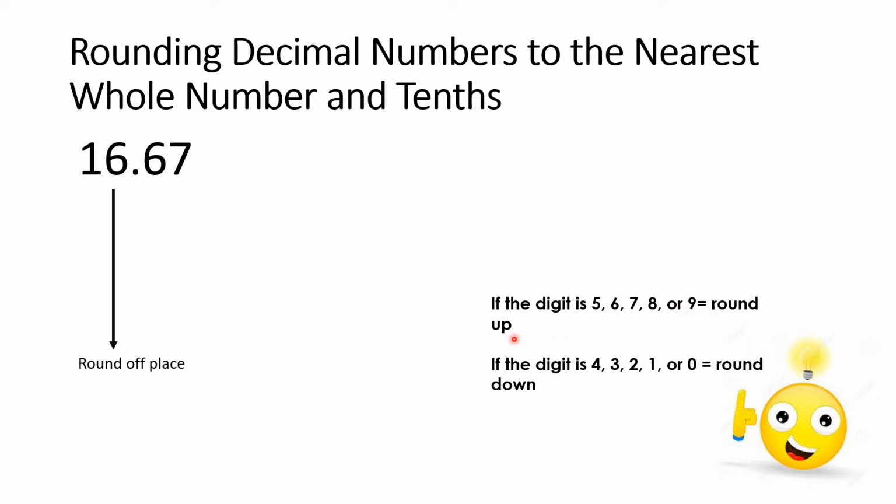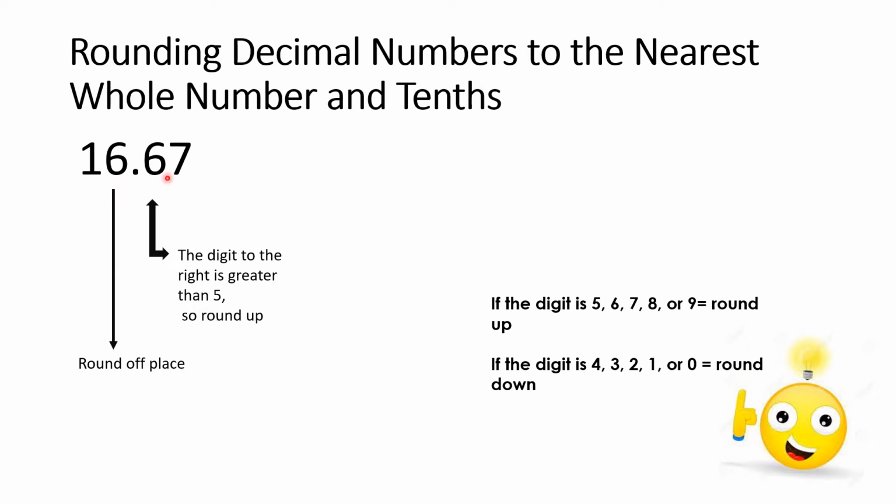We are talking about the digit beside the round off place, which is also 6. If the digit is 4, 3, 2, 1, or 0, round down. So since our digit at the right side of our round off place is 6, which means the digit to the right is greater than 5, we round up.